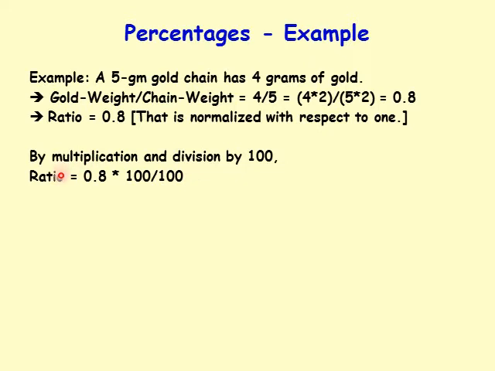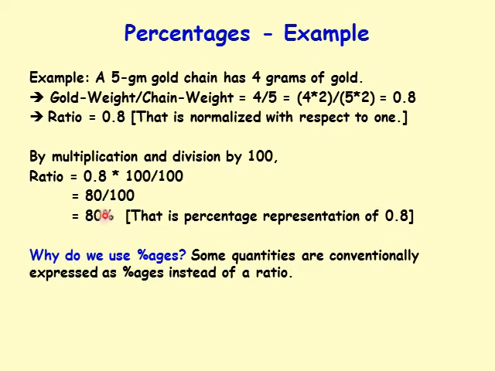So we just did a multiplication and division by 100, which equals 80 divided by 100. A percentage has an implied denominator of 100, so instead of writing the denominator, I can place the symbol: 80%. So 80% is the percentage representation of 0.8.